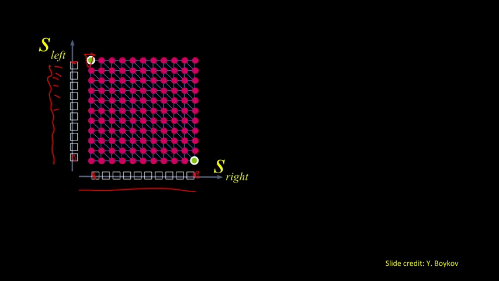Then a solution to the mapping of the left to the right is just a path from that top left-hand corner to the bottom right corner. So there's a particular path, and the goal is to find the best possible path.